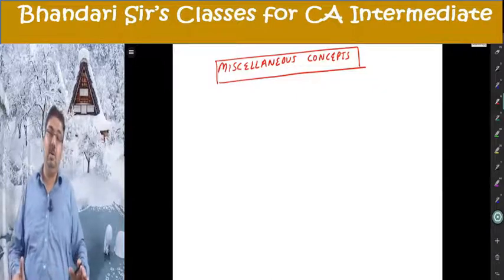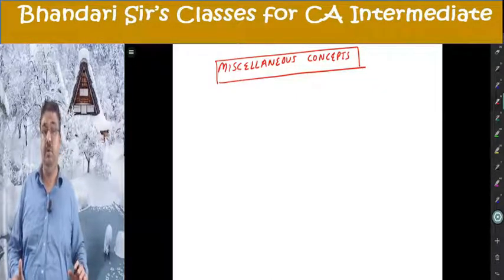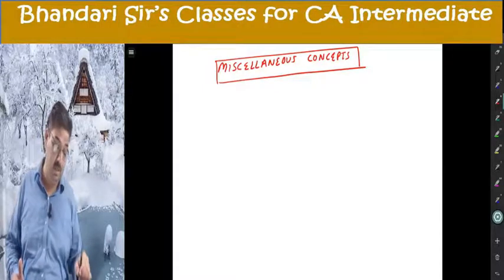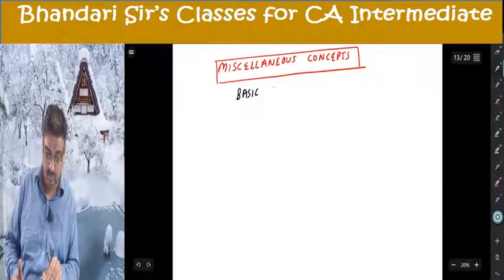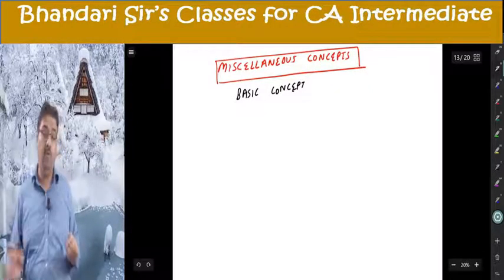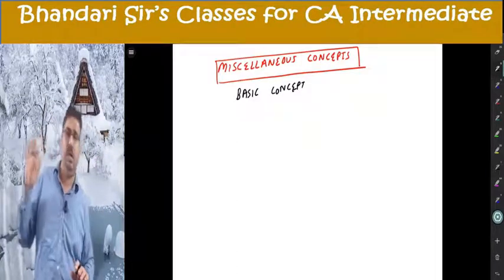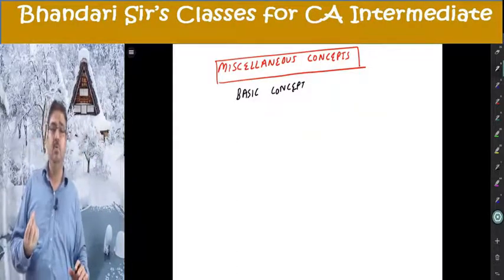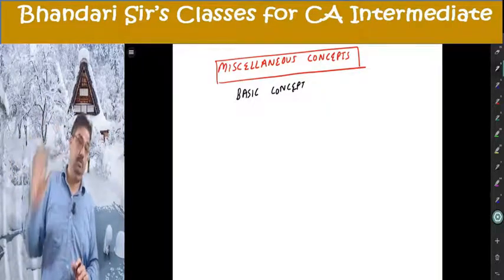Lastly, in labor costing, I am talking about some miscellaneous concepts. It's named miscellaneous, but it is a basic concept. I'll call it a basic concept. Now, when you do remuneration and incentive, in most of the questions I say, whatever is earning for the worker is cost for the company.